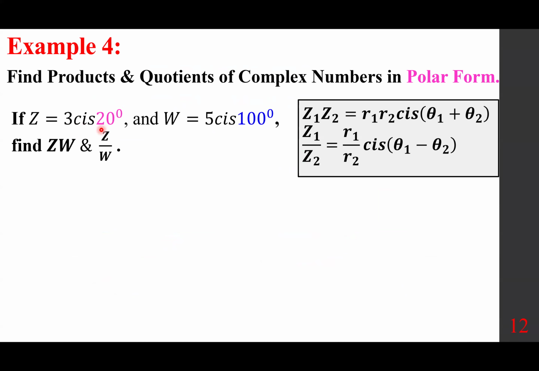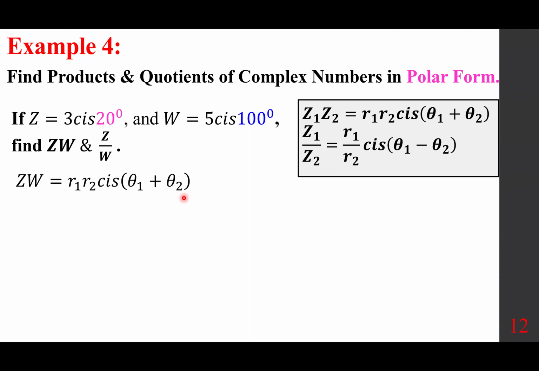Now, if Z is 3 cis 20 degrees and W is 5 cis 100 degrees, find the product and the quotient. Let's look at the product. R1 R2 cis theta 1 plus theta 2.